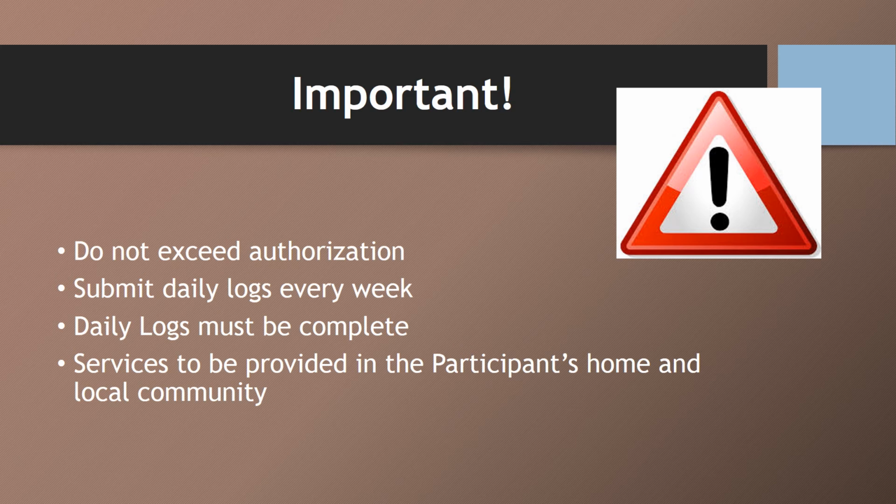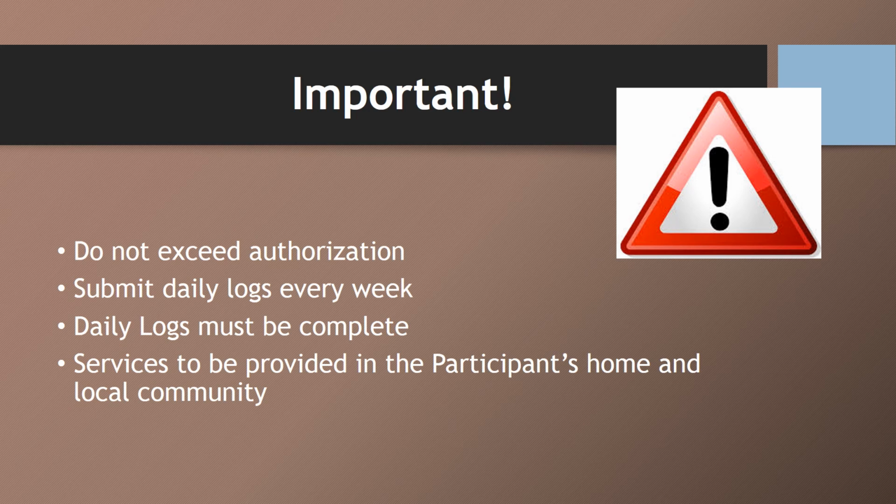One more reminder about home and community-based services. The service should be provided in the home of the participant or within the participant's community, not in the home of the SSW, except in the case of out-of-home respite, which specifically states the service can be provided outside of the participant's home.